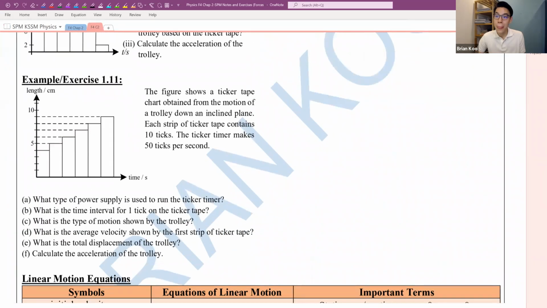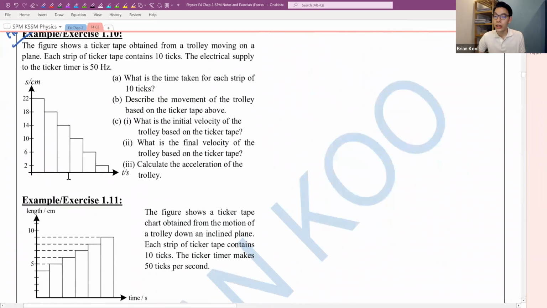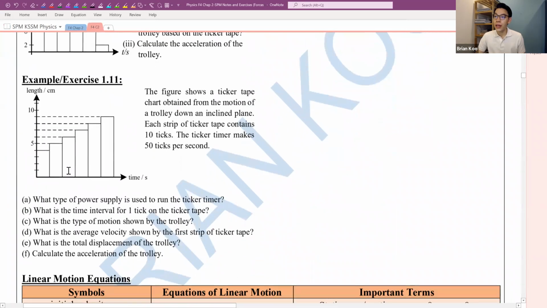Example 1.11, sorry. Okay, the figure shows a ticker tape chart obtained from the motion of a trolley down an inclined plane. So if you're moving down an inclined plane, it's going to get faster and faster. So each strip of a ticker tape contains 10 ticks. Important info is one.